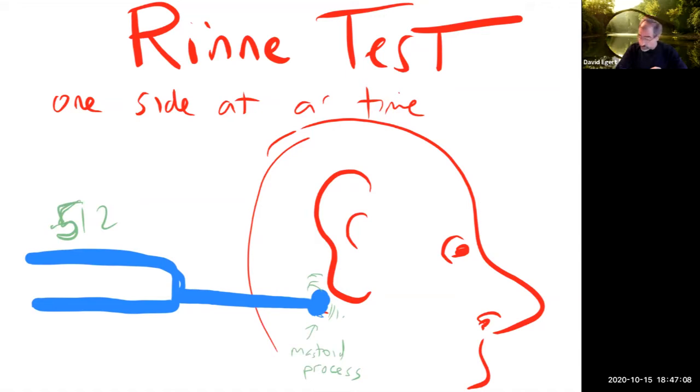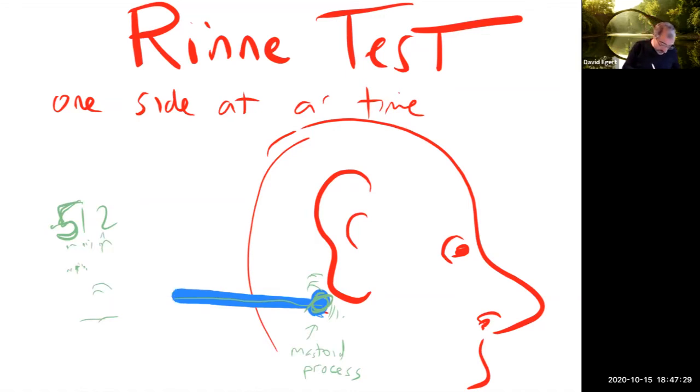So in the Rinne test, you leave that on, and after a little while, they won't hear it. As this thing becomes less and less vibrating, they won't hear it anymore. But this thing is still vibrating. So at the point where they don't hear it anymore, you now take it and put it beside their ear here.